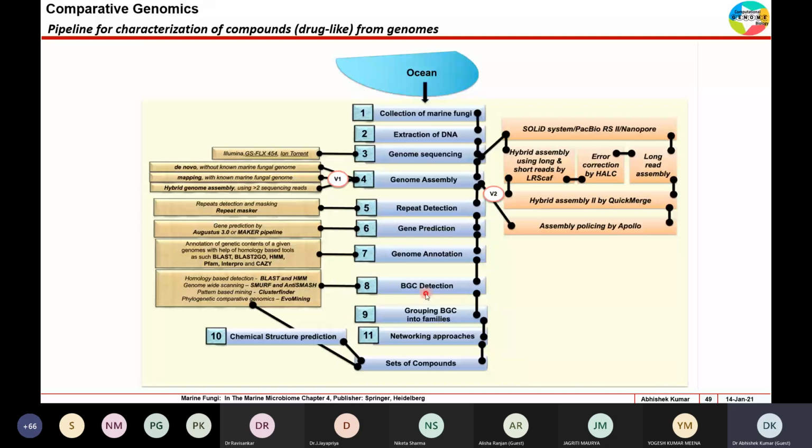So initially, you can take help of this general annotation by using BLAST and HMM, and then you will do the specialized analysis with antiSMASH, ClusterFinder, EvoMining, and then you will also be able to pick the drug-like compounds from chemical structure from here, and also you start grouping biosynthetic gene clusters into families, do some network analysis, and then you will get a set of future drug-like compounds. And yeah, so this is how the entire pipeline is working.